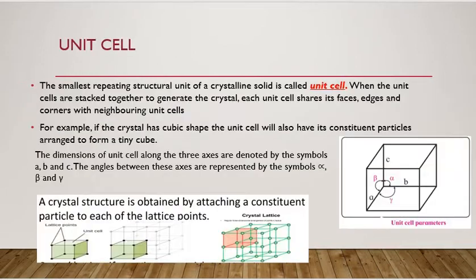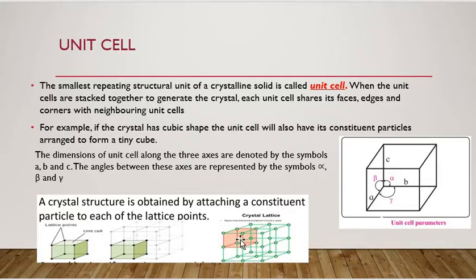Now, unit cell. What do you mean by unit cell? The space lattice of a crystal is built up by a three-dimensional basic pattern. For example, if this is a building, the red colored part, if you assume this is one room, there are so many rooms in this building.